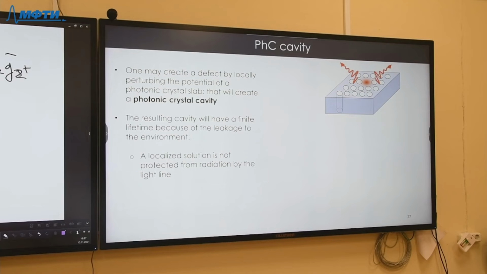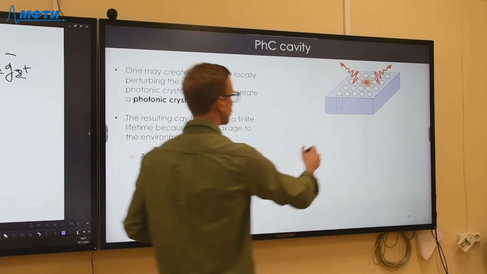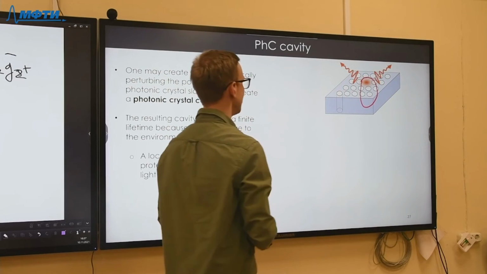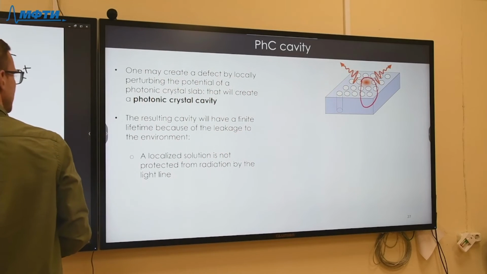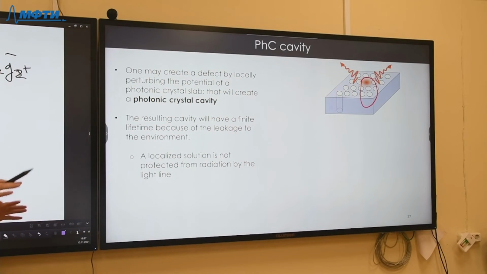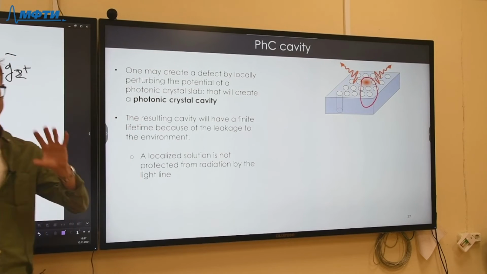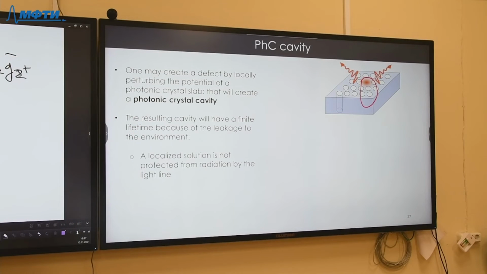And what we can find in this case are localized solutions that reside at the defect, that are concentrated, focused on the defect. But this time, the surrounding photonic crystal doesn't completely protect us. Because in the case of 3D photonic crystals, when we remove a single defect, that solution is ideally protected by the complete bandgap of the surrounding crystal.